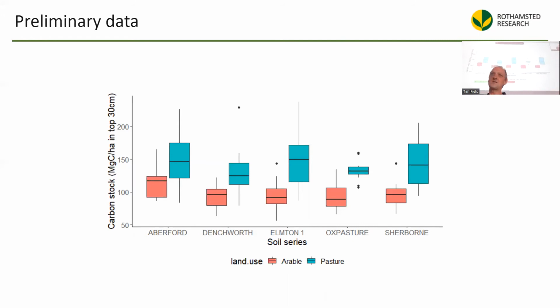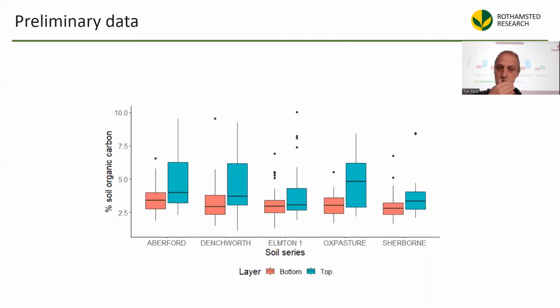I've got 100, and my colleague down the road has got 120. How do we get there? How can I understand where I am and my potential headroom? So this is what we'd expect to see, a lot more carbon in the pasture than the arable. There's no great surprises here, but it's illustrating the kind of data we've got and we'll present you with, and the kind of ways you can use it.